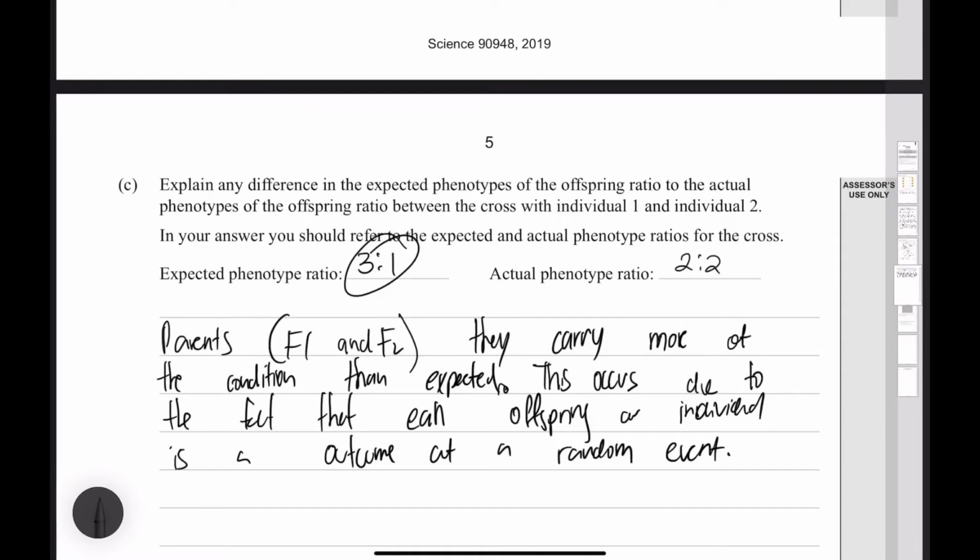Event, I'm meaning like fertilization. So when the zygote is being produced, it's completely random. And this can vary the chances of the parents passing the condition on to the offspring.